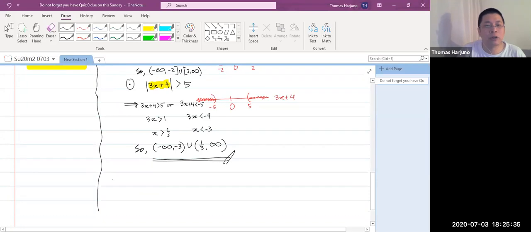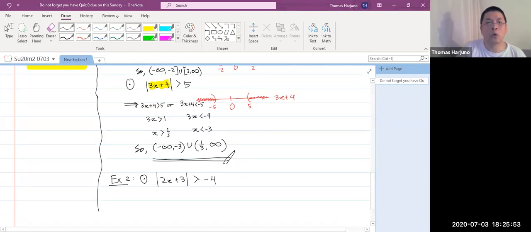Some strange questions: what happens if we have 0? What happens if we have a negative? Let's say, for example, absolute value of 2x plus 3 is greater than negative 4.